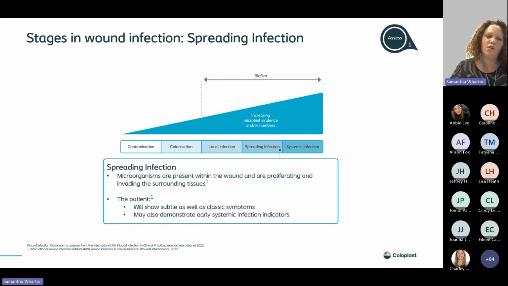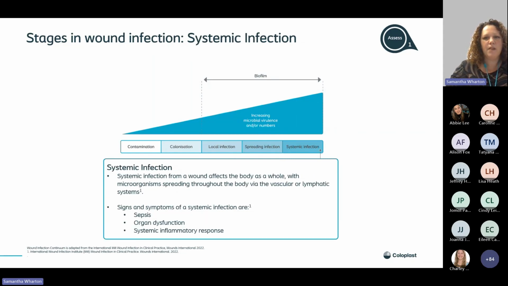Then we move further along that continuum into spreading infection. This is where those microorganisms are proliferating even more, and they're invading the surrounding tissue. The patient may well still show those subtle signs as well as the classic symptoms, but they'll also start demonstrating some of those early systemic infection indicators.